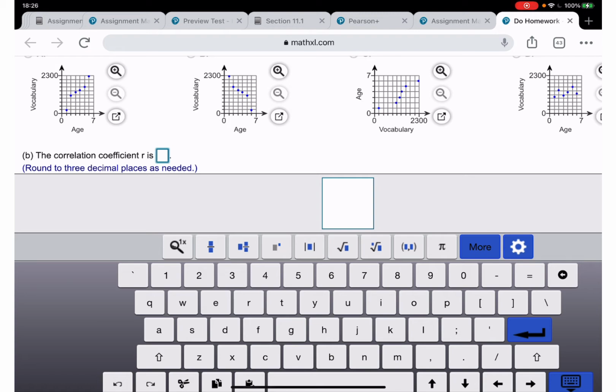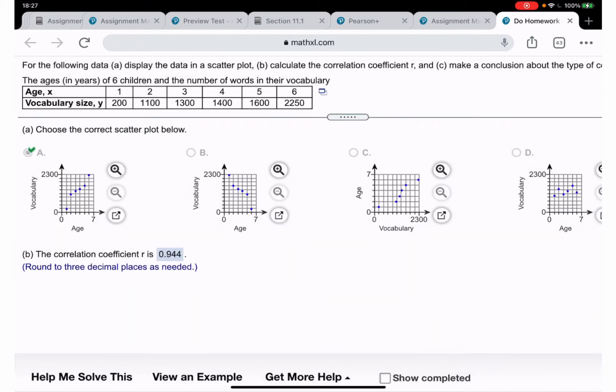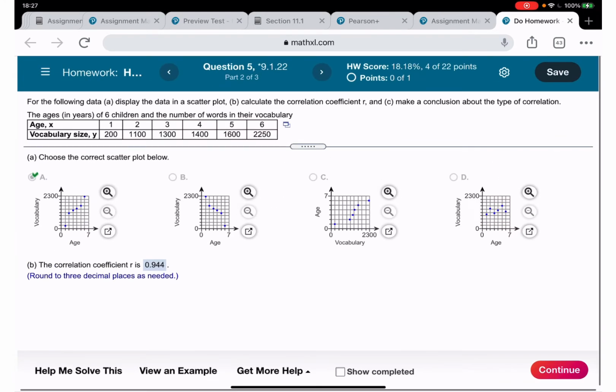So it is going to be 0.944 if I round it up. Okay. Nice work. That's it. Continue.